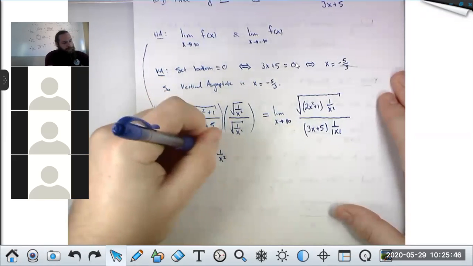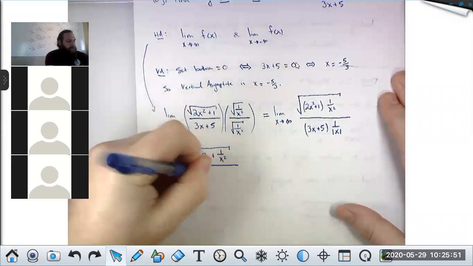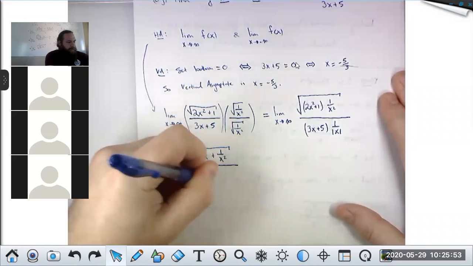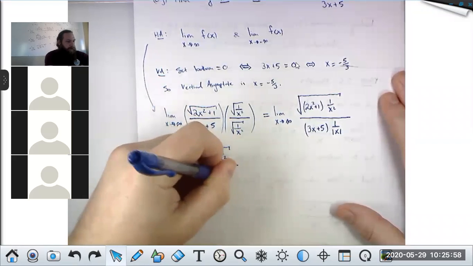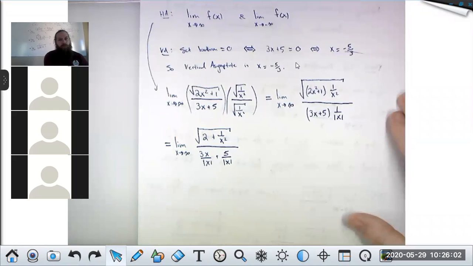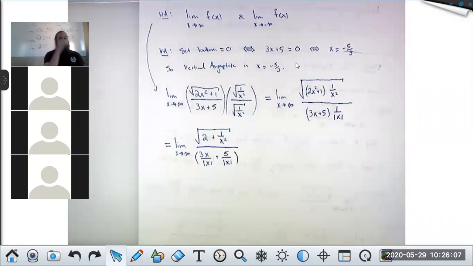And now downstairs here, I'll have 3x over the absolute value of x plus 5 over the absolute value of x. All right, and we might want to put that in some parentheses to make clear that that's the whole denominator. And it's at this stage where I'm going to make an observation about the sign of x.